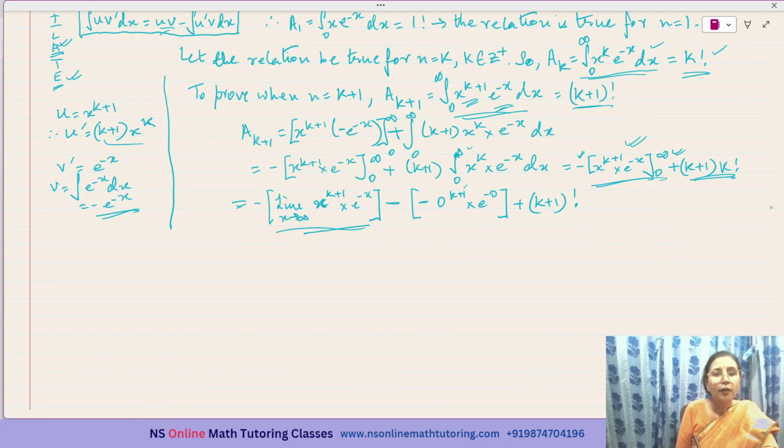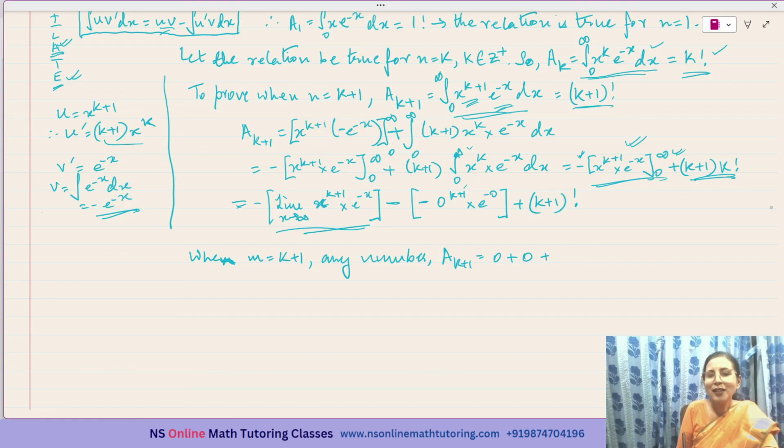Therefore, when m equals k plus 1, any number, this is equal to 0, minus times minus, 0 or plus 0 hardly matters, it is 0 plus k plus 1 factorial, equal to k plus 1 factorial. Proved.